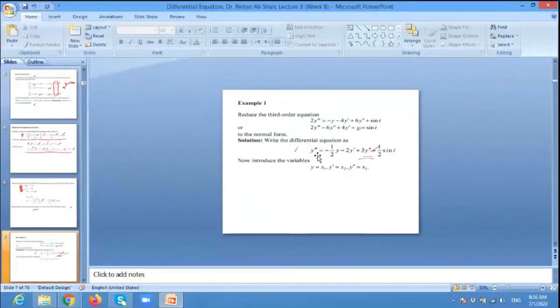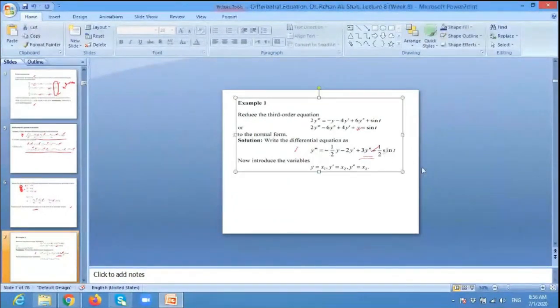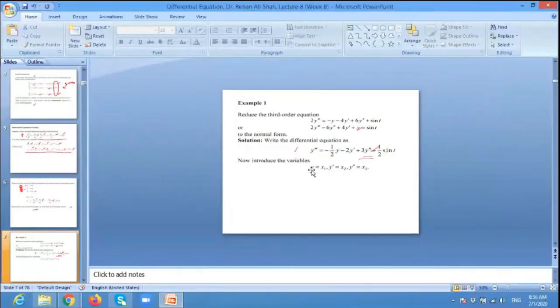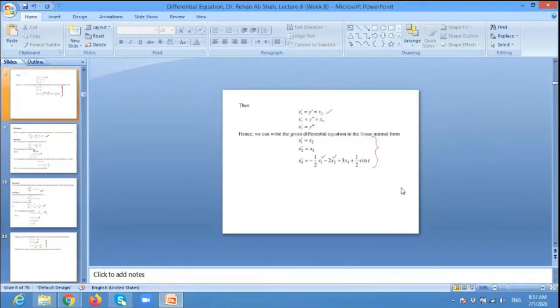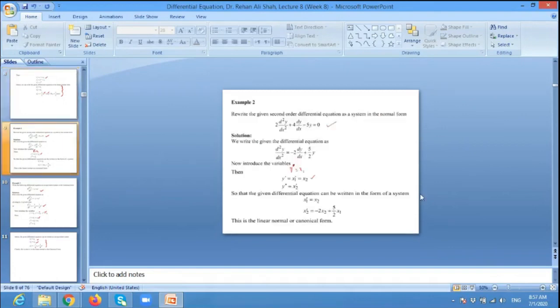So let's see how to convert it into a system of first order differential equation. Take y is equal to x1, y dash is equal to x2, and y double dash is equal to x3, and then you have to take another derivative, y triple dash. So this is the system, x1 dash is equal to, if you convert it. This is another example.